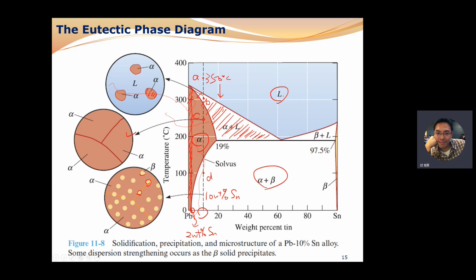It's a single phase. What kind of phase? Alpha solid solution, right? If the composition of tin is smaller than 2%, it's totally alpha solid solution.